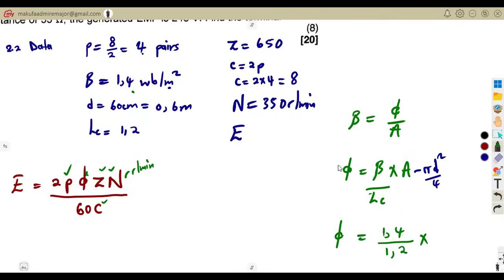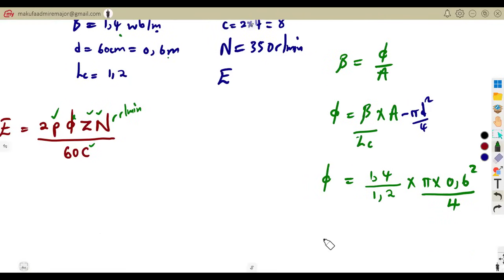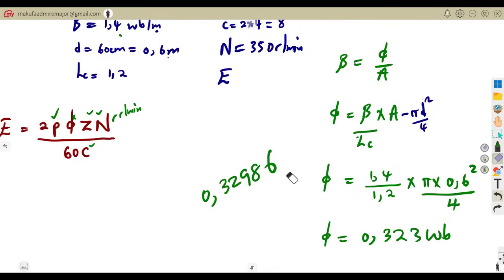The diameter is there, so it was going to be pi times 0,6 squared over 4. From there, you were going to obtain the magnetic flux, and that was going to be 0,32986, which is simply 0,33 Webers. Like I said, you can fix your calculator, guys, to 3 decimal places so that you do not have a problem. It was going to be 0,33 like this, guys.